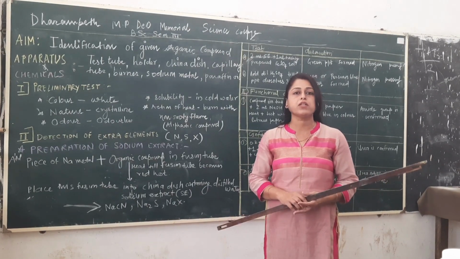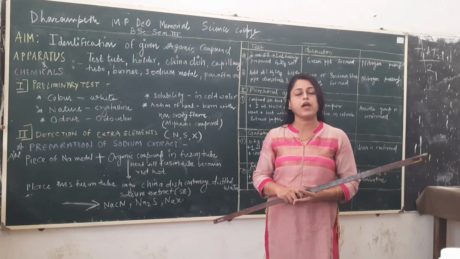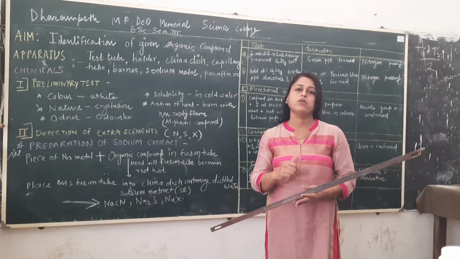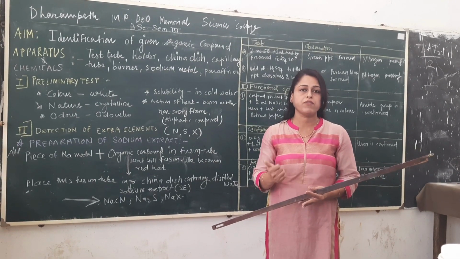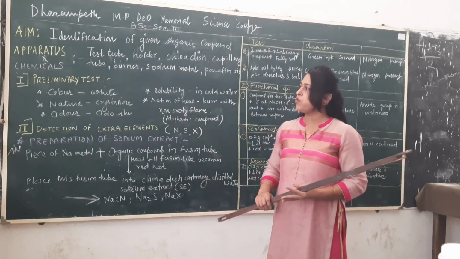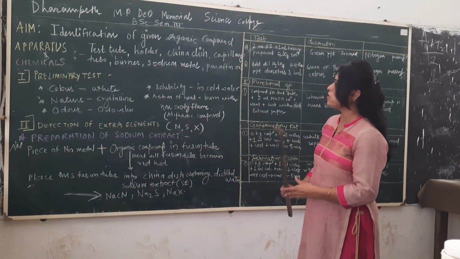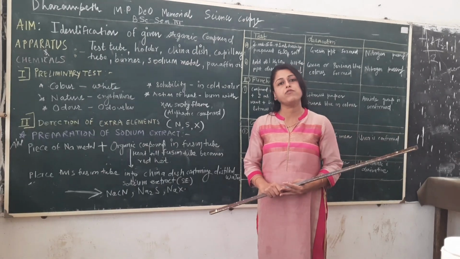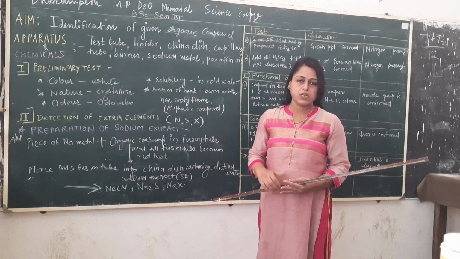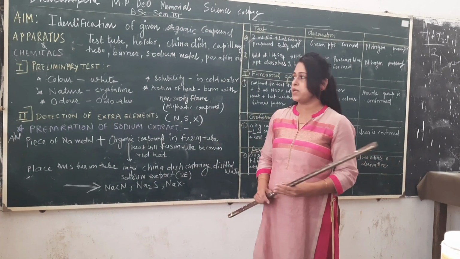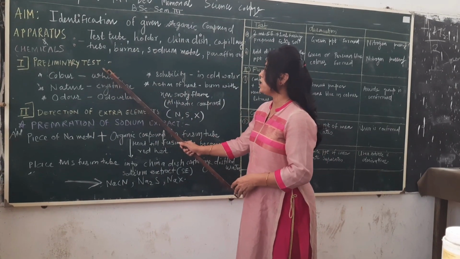Again we have to take the melting point of the identified compound, and also the melting point of the derivative of that compound. So all these are the different steps which will be required for the identification of the given unknown organic compound. So let's start with the first step, that is the preliminary test.